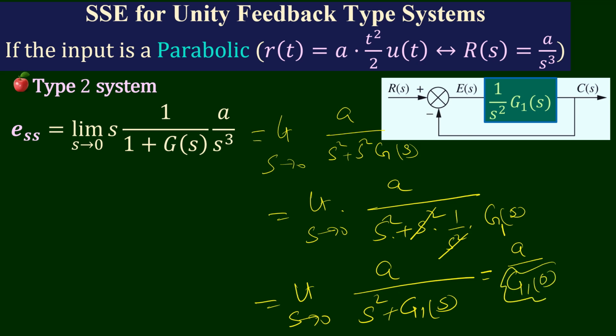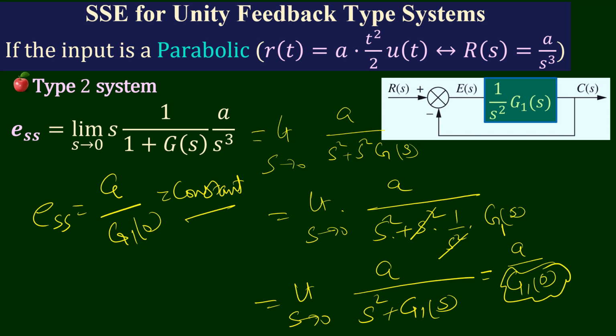So G1(0) is a constant, bounded value. So we will get the steady state error ESS equal to A divided by G1(0), which will be some constant value.